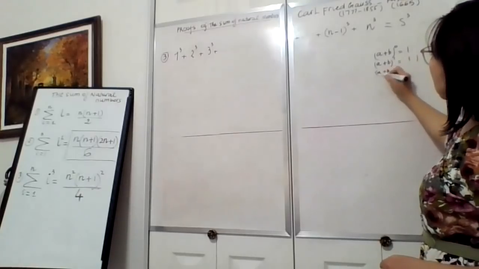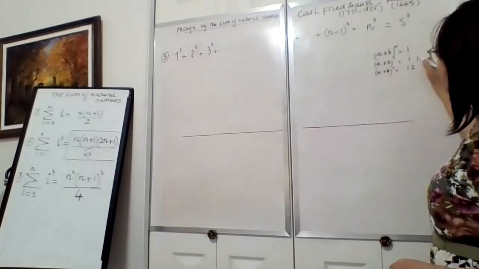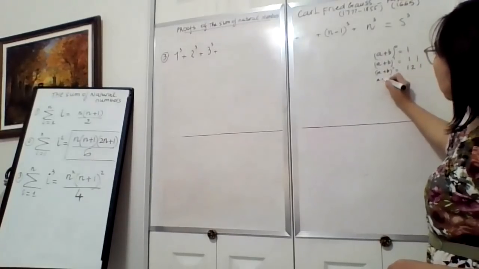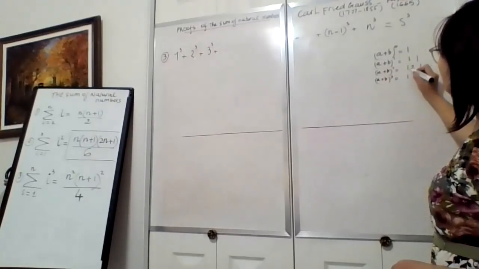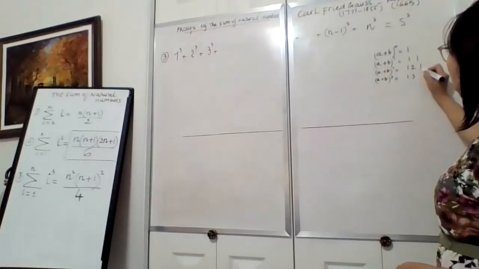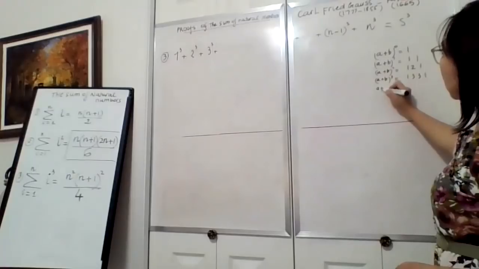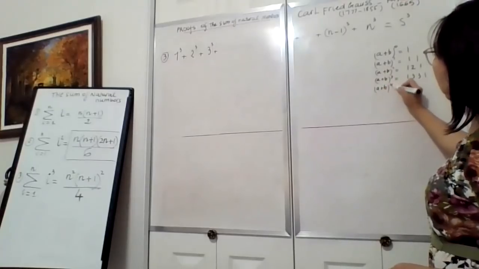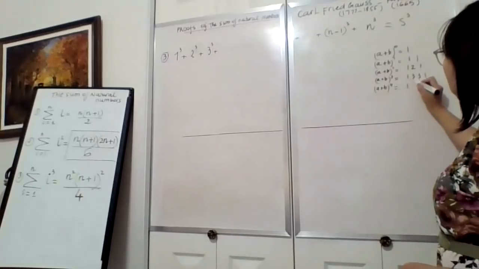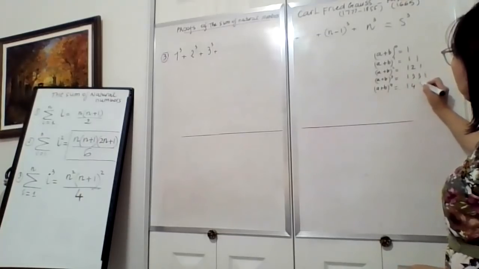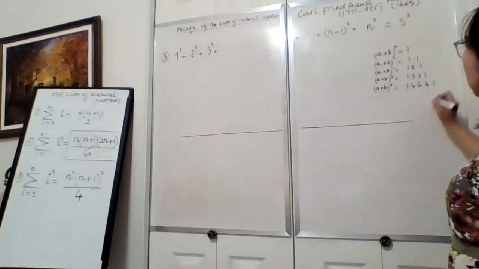A plus b to the power 2 equals 1, then 1 add 1 is 2, and then 1. A plus b to the power 3 equals 1, 1 add 2 is 3, 2 add 1 is 3, and 1. Now a plus b to the power 4 will be 1, and 1 add 3 is 4, 3 add 3 is 6, and 3 add 1 is 4, and 1.